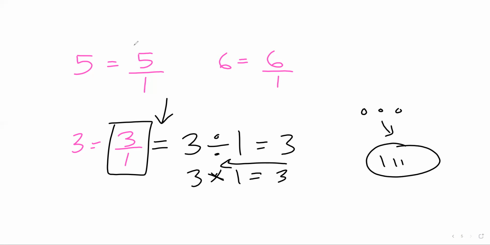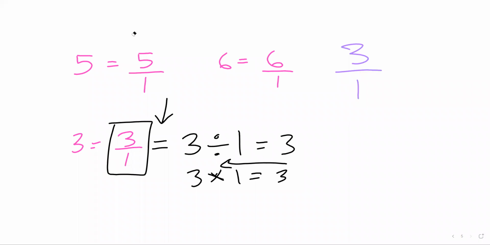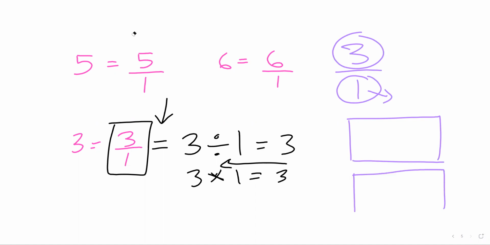And then again, if I modeled this, and of course, you know I have to model it again, and we think about what this says. Pen, start drawing, please. There we go. 3 over 1. Well, again, if I'm going to model this, it says according to my denominator, I'm going to take my model and it's going to be one piece. So I don't even have to cut it. Now, according to my numerator, I need 3 of these.